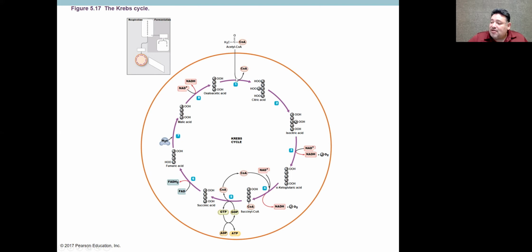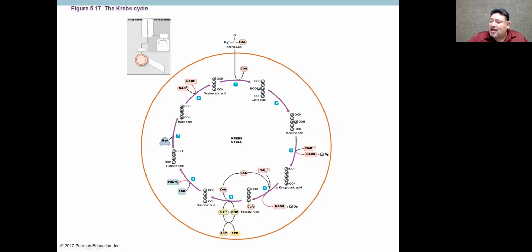What's the big picture? Well, this comes in, all right? And as we go around, various enzymatic changes take place. Here's the first one that we care about, and it does a harvesting of high energy electrons in the form of NADH, and a carbon dioxide comes out. Do you see that carbon dioxide right there? Okay. And then we keep on going. Another NADH comes in here.